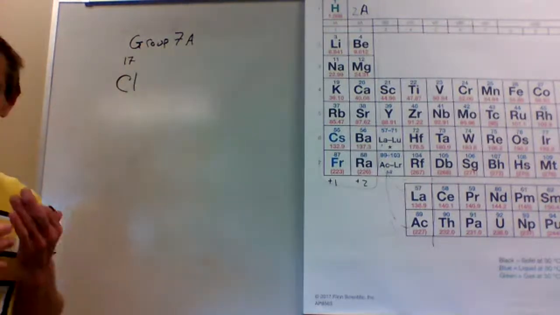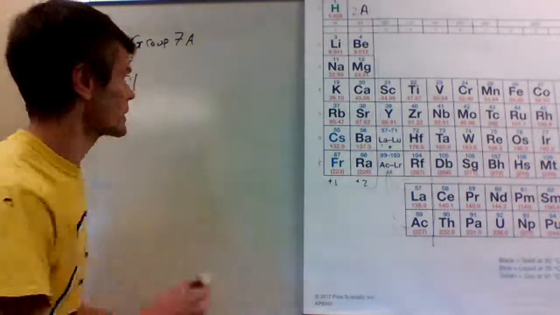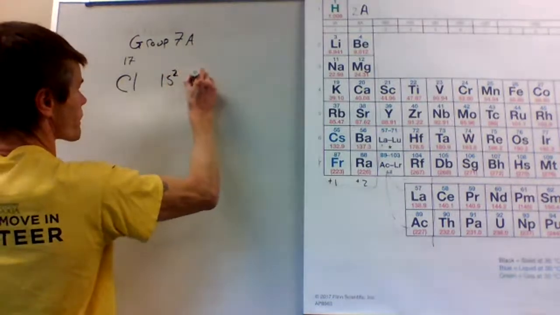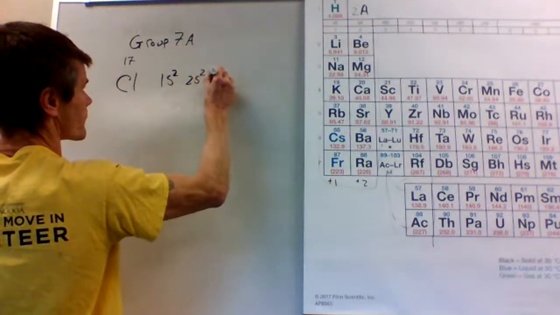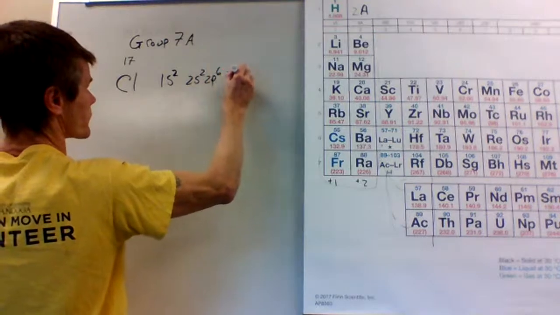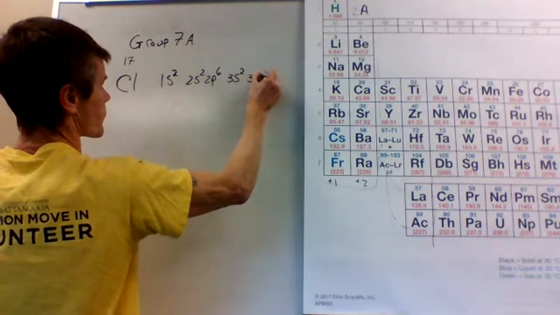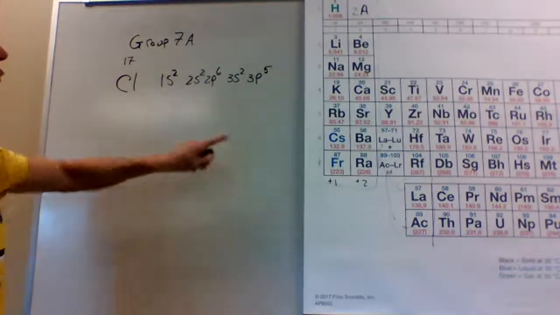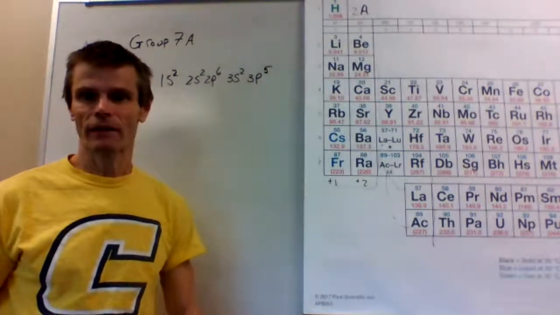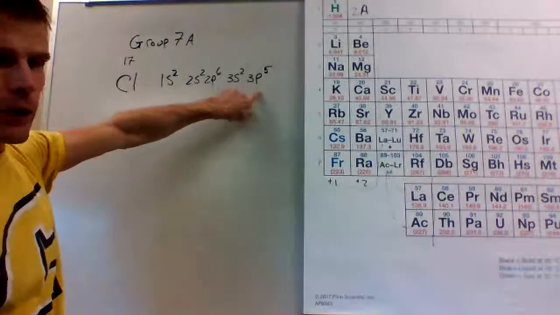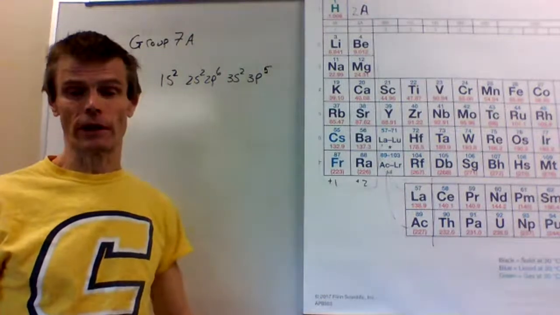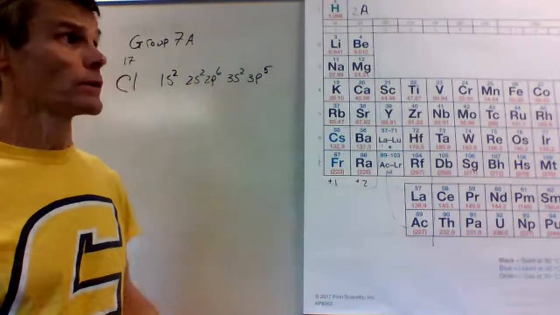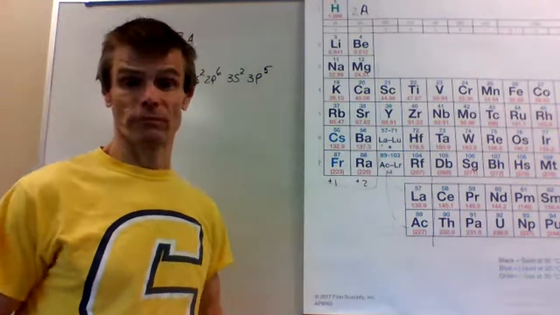If we wrote the complete ground state electron configuration for chlorine, we would see that chlorine is 1 electron shy of having this filled highest principal energy level that would have an electron configuration that's identical to argon.